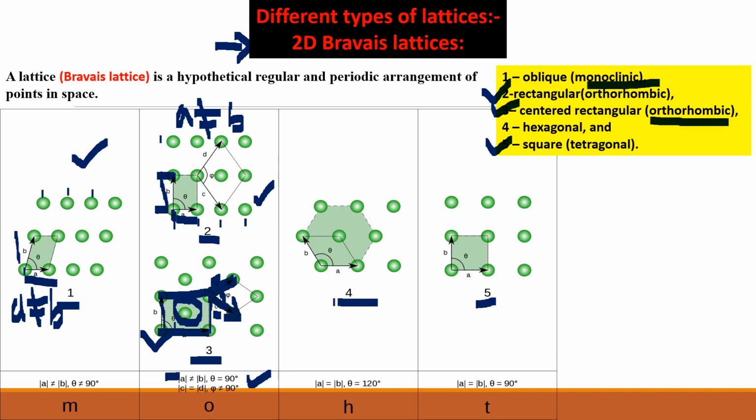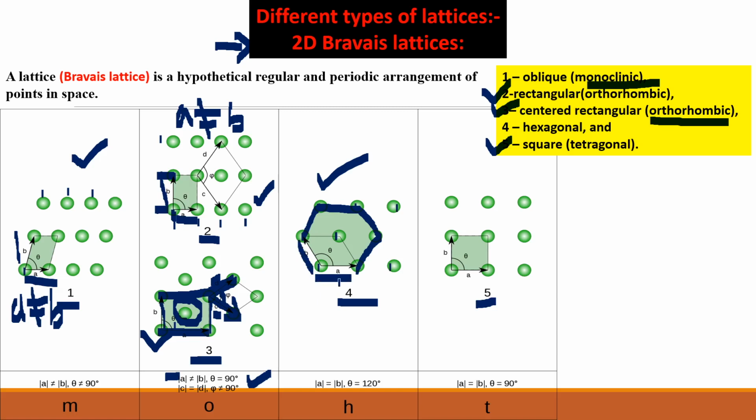Getting my point? So let us discuss the fourth type of 2D Bravais lattice, that is the hexagonal lattice. In the case of the hexagonal lattice, the atomic arrangement is shown in this direction. If we connect the atoms in this way, it appears as a hexagonal structure.